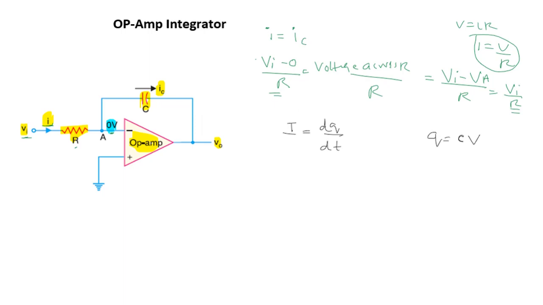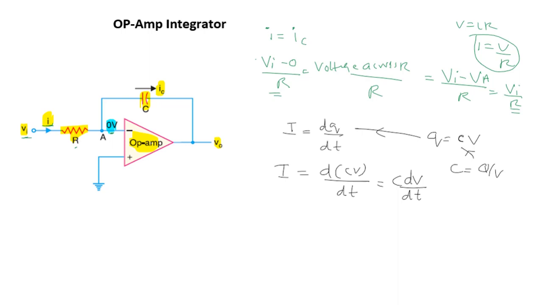The capacitance C is defined by C is equal to Q by V. If I substitute here, then current I will be equal to the derivative of CV by dt, and we know that capacitance is a constant, so this is C dV by dt. So that's about the current I.